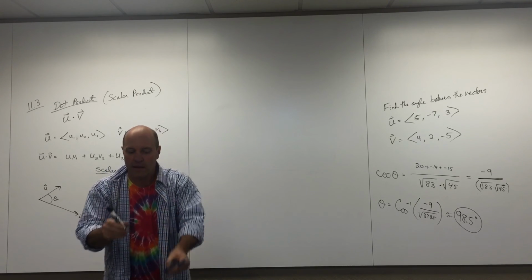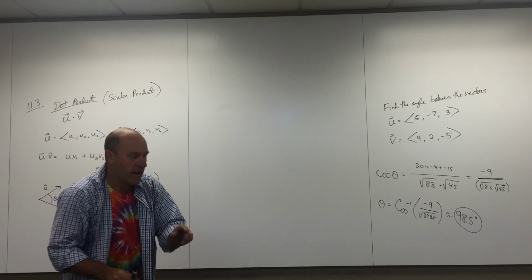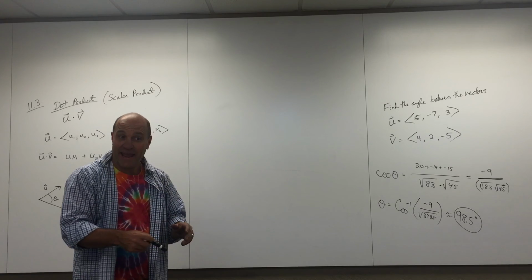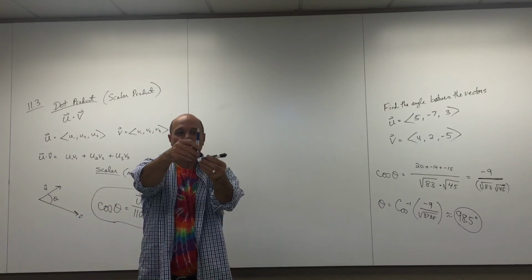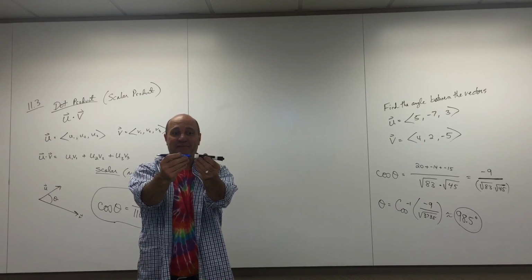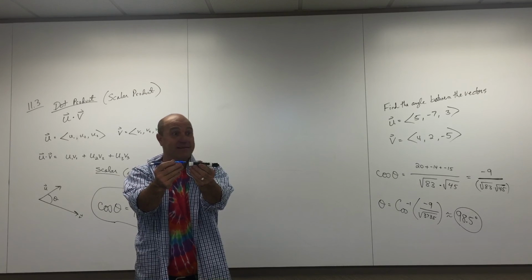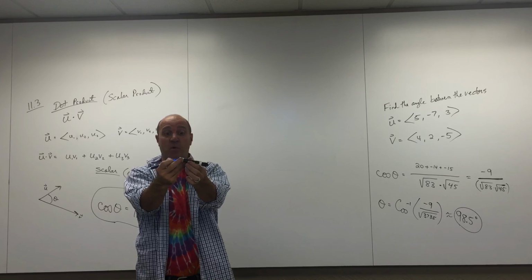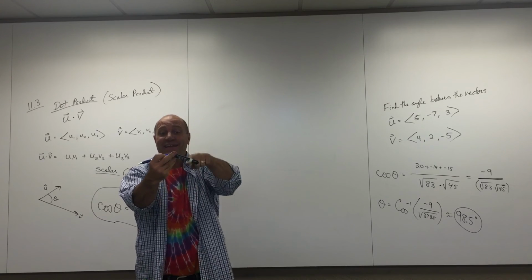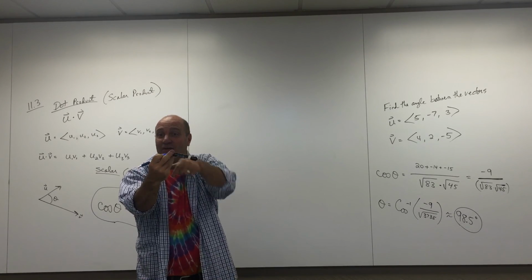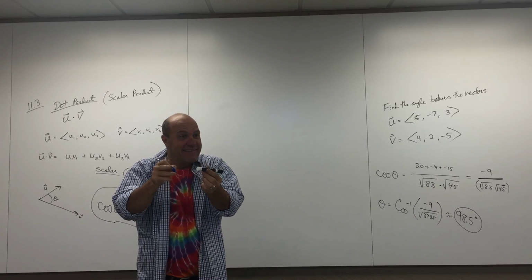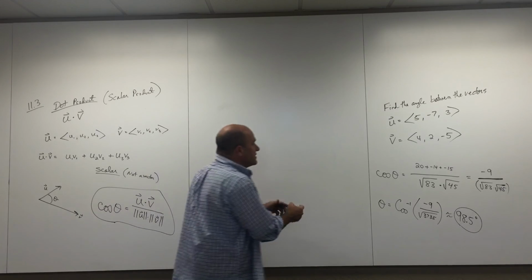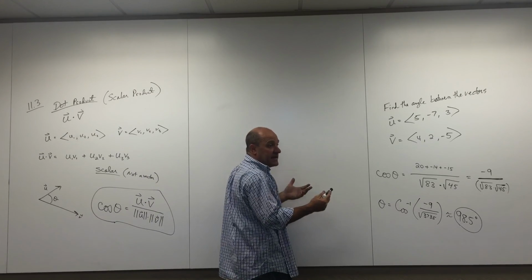The one we say will always be less than 180. At worst, those two vectors could be like this, and if they're like this, the angle between them is 180. If it drops down a little bit, the angle's not more than 180, it's 179. It's the smaller angle. So when you do this, the angle is always between 0 and 180.